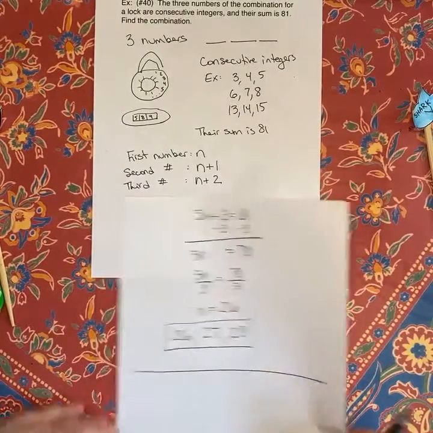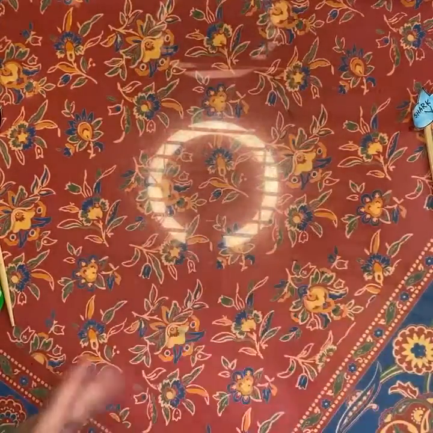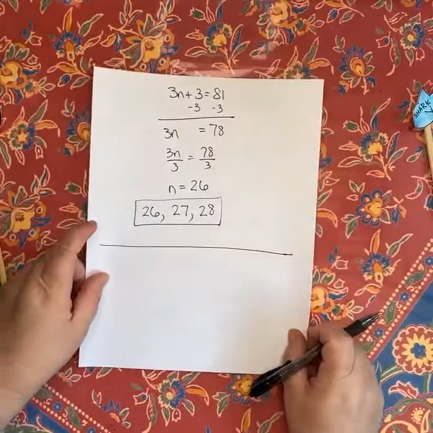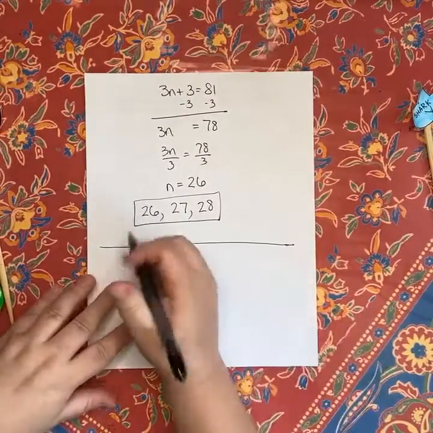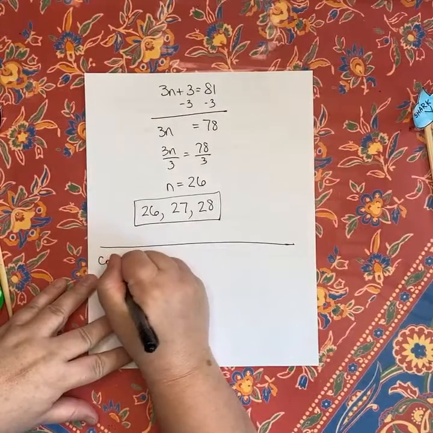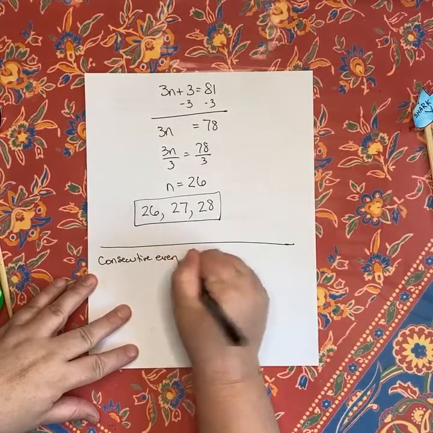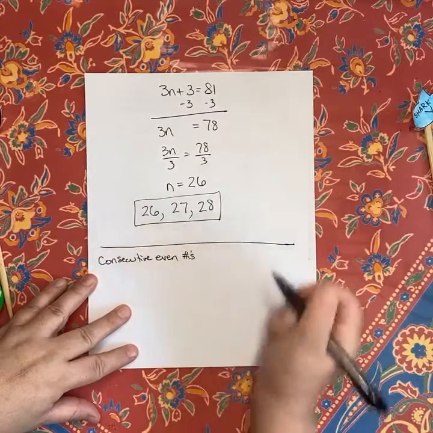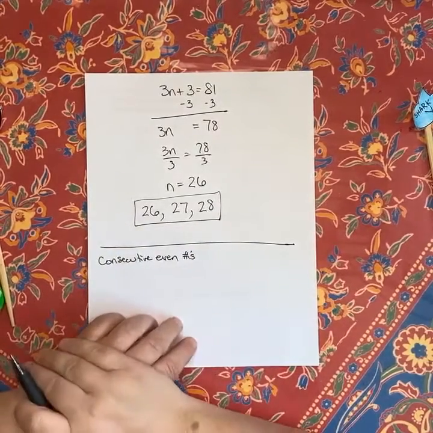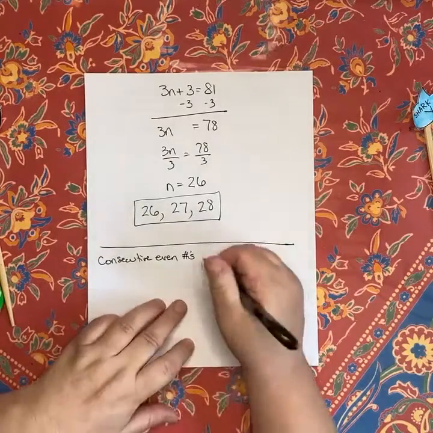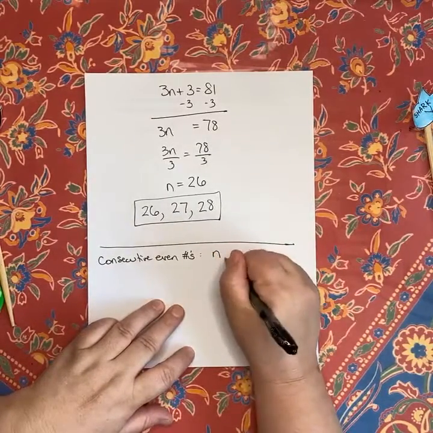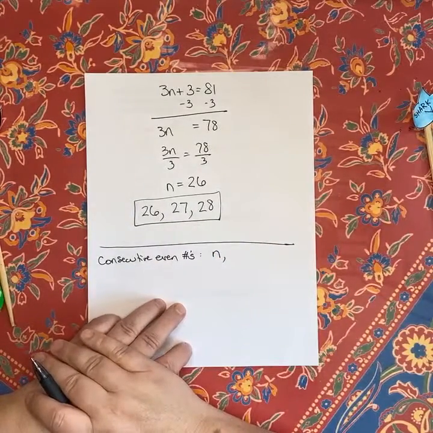You're awesome. Okay, I know this became a very long video, but let me show you one more thing. So this is a brain teaser. Consecutive even numbers. If I start with n, what's the next one?